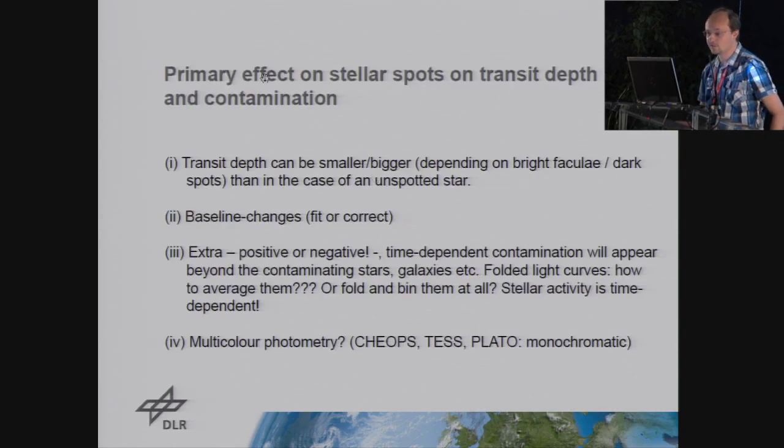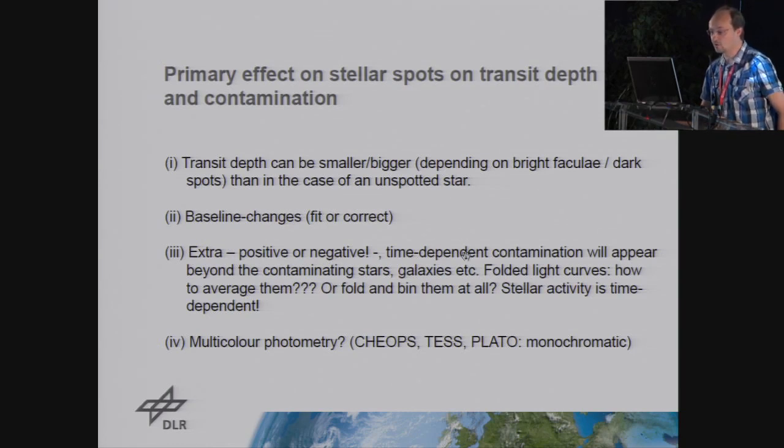So the conclusion is that the primary effect of stellar spots on the transit depth and on the contamination is that the transit depth will be smaller or bigger, depending on whether we have bright faculae or dark spots. The baseline changes, which can be fit or corrected. And we have an extra positive or negative time-dependent contamination.